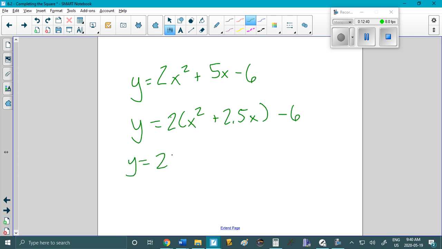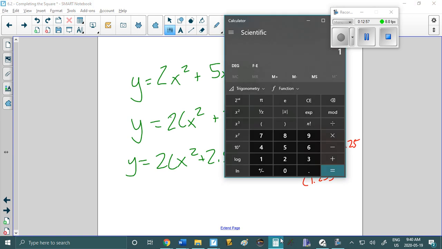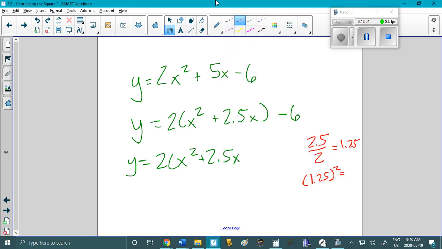So y equals 2 times (x squared plus 2.5x). And now I've got to do 2.5 divided by 2, I believe is 1.25. And 1.25 squared is 1.5625.